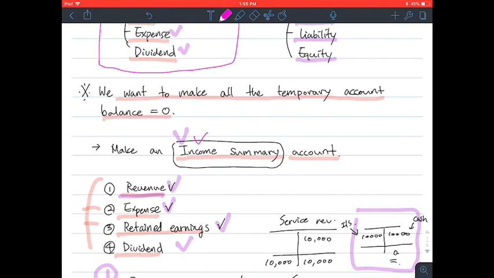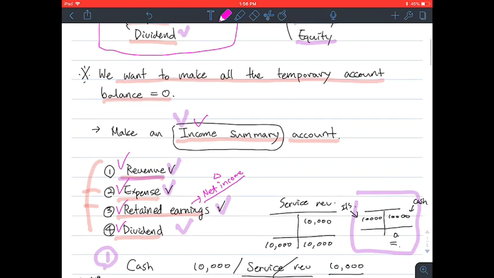We are putting all the income statement items such as revenues, expenses, and retained earnings, which should equal net income, and the dividends, all these 4 items, into income summary.